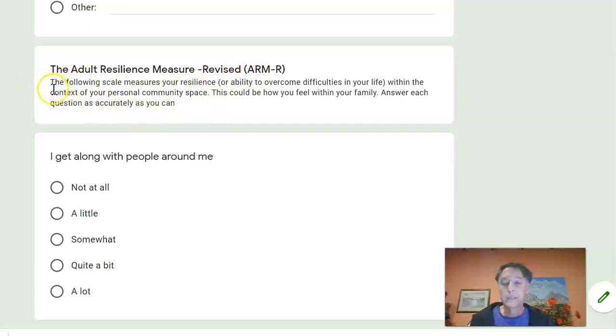And you can see this scale measures your resilience. It's a standardized scale. There are properties for it, and therefore we decided to include it in this particular study because we are interested in measuring the resilience of adults. All right, that's relevant for this example.